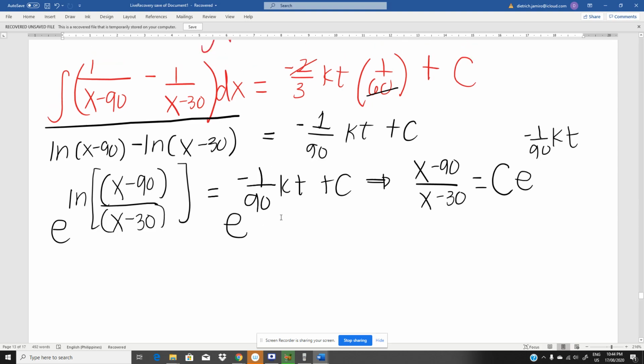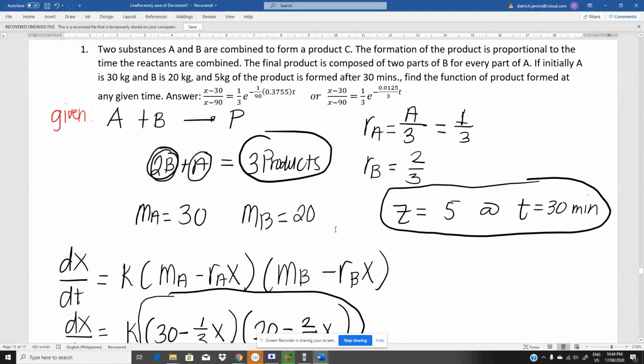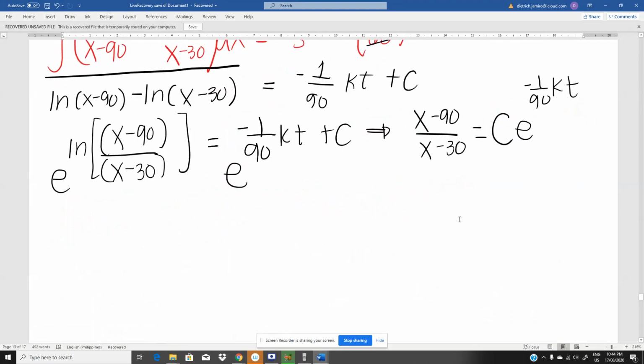And then we are given, let's go back, that Z, which is our x, is equal to 5 at t is equal to 30 minutes.